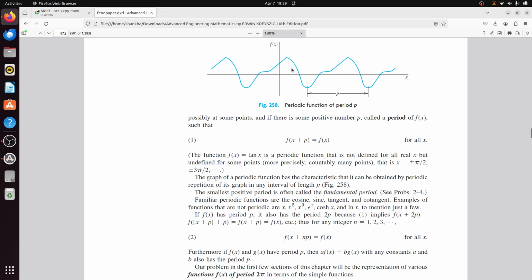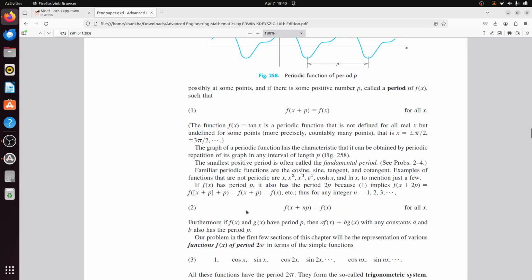Similarly, you can take any length p, like this length p, or from this length to that length p. That is how you can determine periodicity. This p is the periodicity, length p.